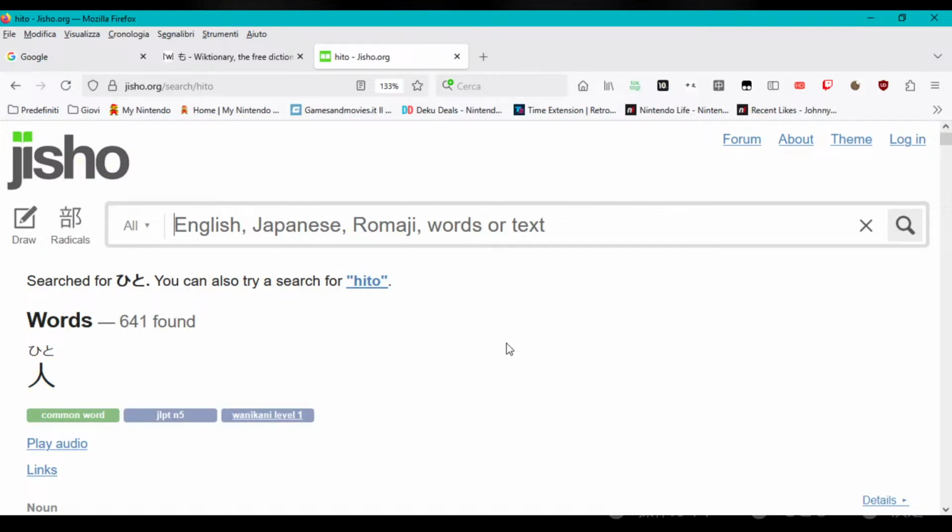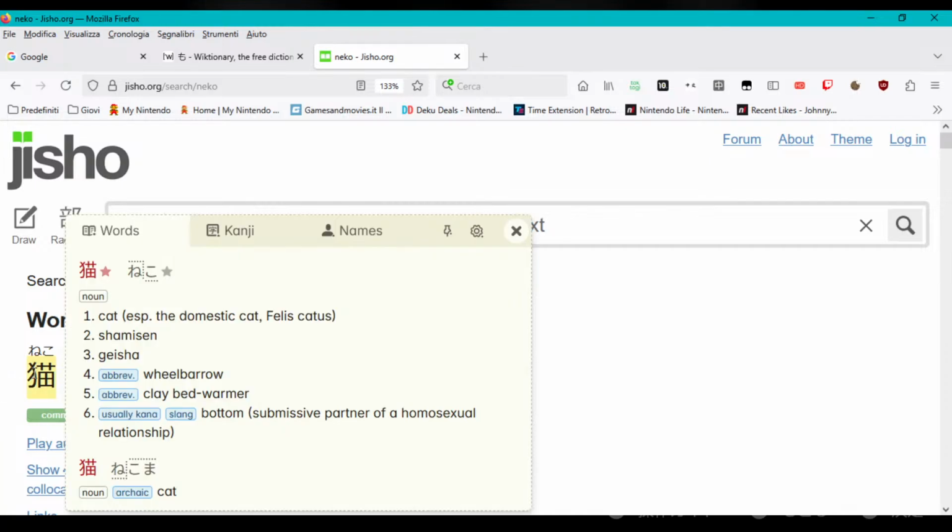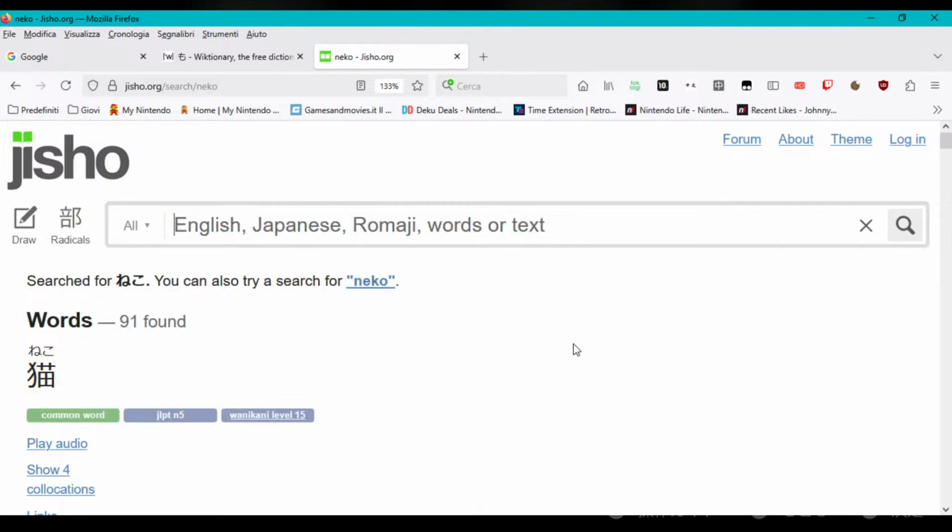So yes, let's see also the word for cat, neko. So we can have the sentence, I like both dogs and cats. Inu mo neko mo suki desu.